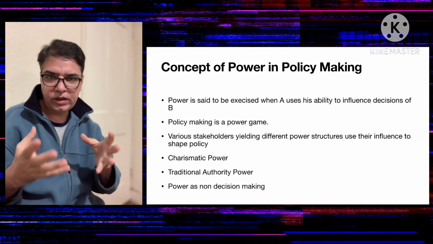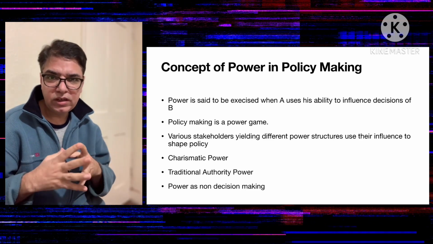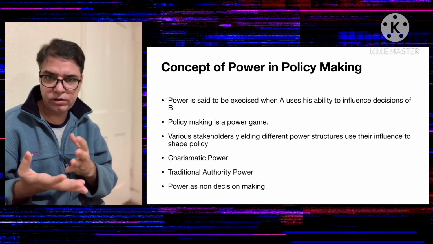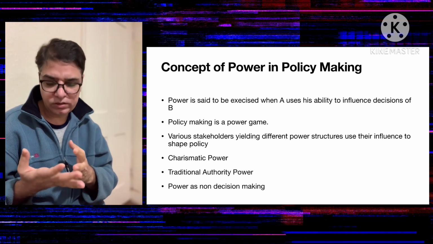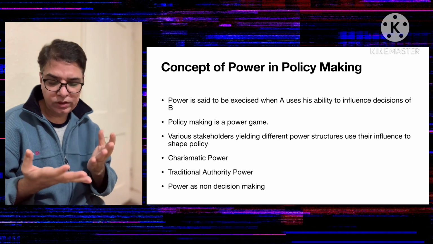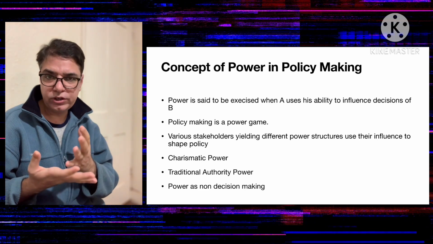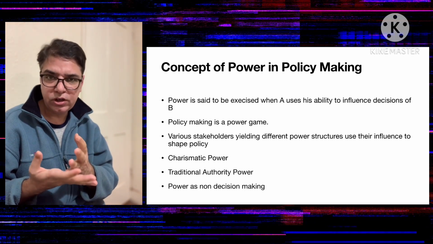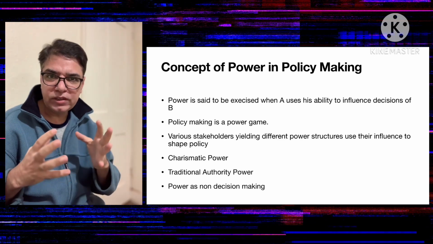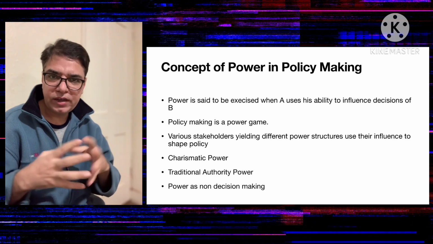Like, for example, if I give you the example of health policy, and a country is making a health policy, there would be various players, various stakeholders, and these stakeholders are obviously your government, your non-government sector, your public, your politicians, your pharmaceutical industry, your healthcare industry, your insurance industry, so on and so forth. So they would be using their own pressures to ensure that their interests are taken care of.